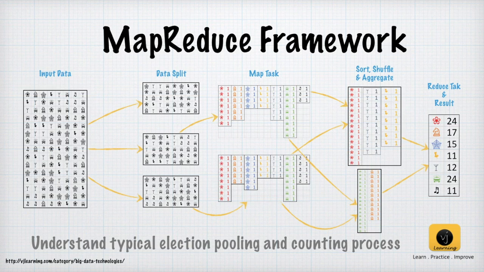The key here is a symbol and the value is a count, and all the same keys always go to one reducer. It doesn't get split. For example, if 5 flowers go to one reducer and another 5 flowers go to another reducer, we can never get the right output. So the sort, shuffle, and aggregate job is to make sure that all of them come together so that the aggregation, the actual counting, will happen easily.